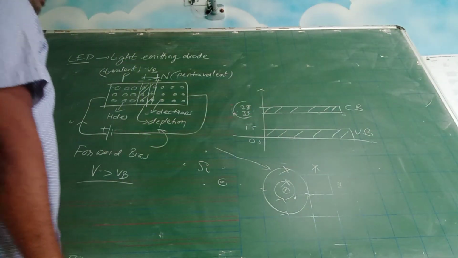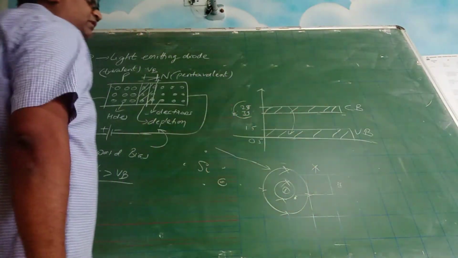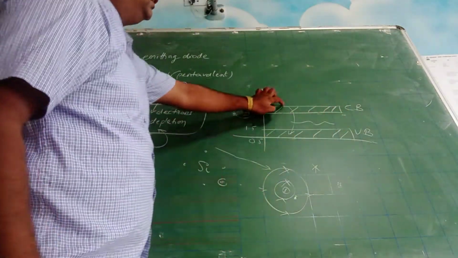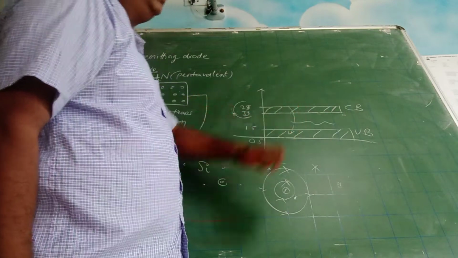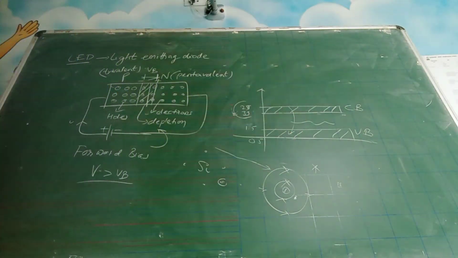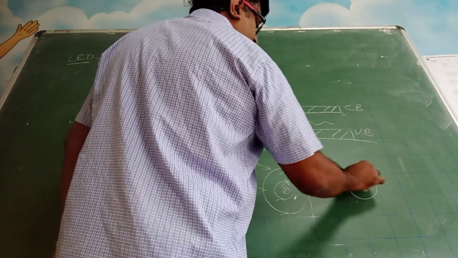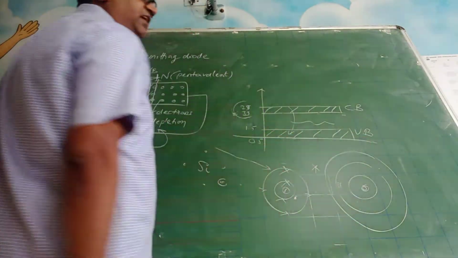Alright. So suppose they fall back. When they fall back, what will happen? They will emit. See, this is the energy difference, the forbidden energy gap. So if an electron comes from here to here, remember Bohr's postulate? In Bohr's postulate we have studied that. So you have the ground state, first excited state, second excited state.